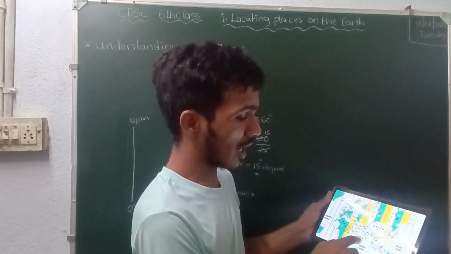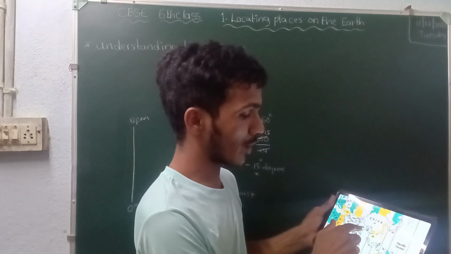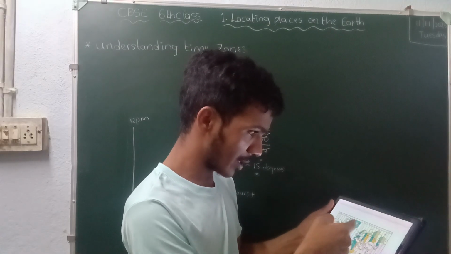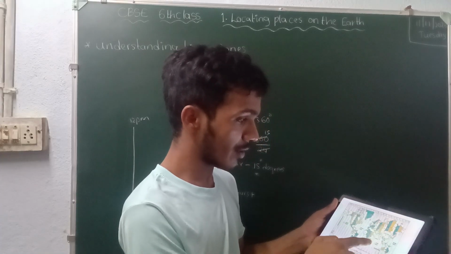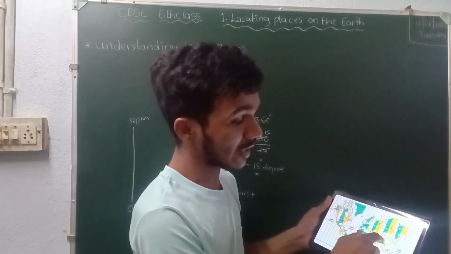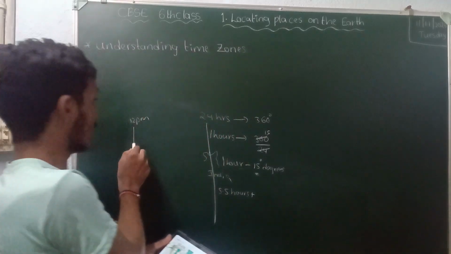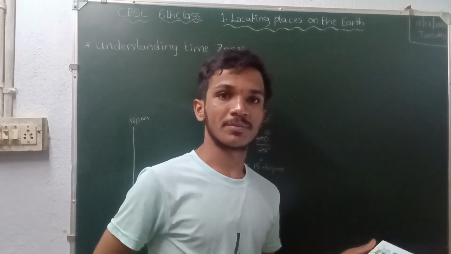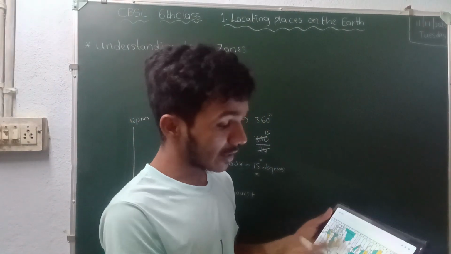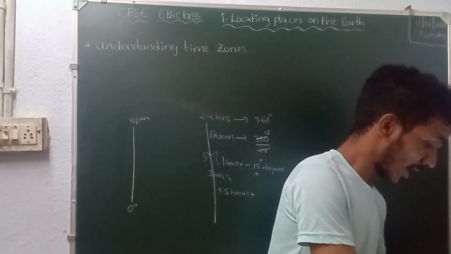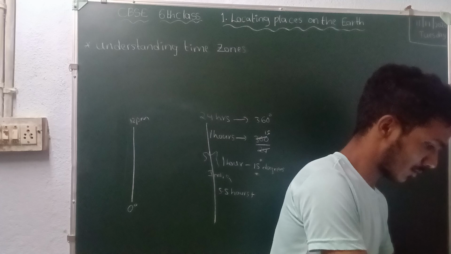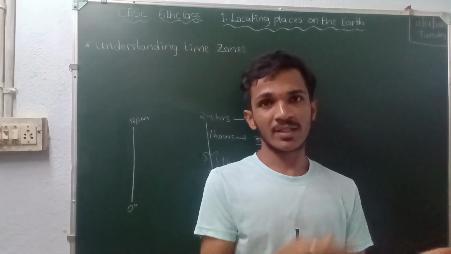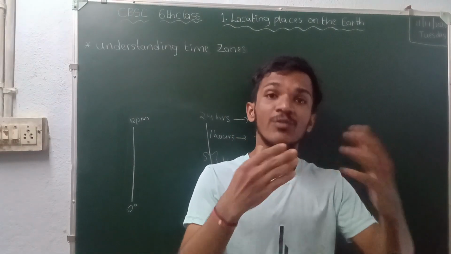If you see, our India has 5.5 hours extra compared to the Greenwich time. Here it is Greenwich time. Whereas China has 8 hours extra. If here at Greenwich there is 12 p.m., at China the time will be 8 p.m. But in Russia and another few countries, there are different times.